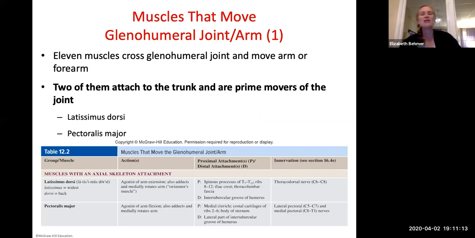There's 11 muscles that actually cross this joint and move the arm. 2 of them attach to the trunk and are prime movers of the joint, and those are the latissimus dorsi and the pectoralis major. So these are muscles with an axial skeleton attachment, but they are inserted on this joint area. So we say that they're part of the appendicular muscles.